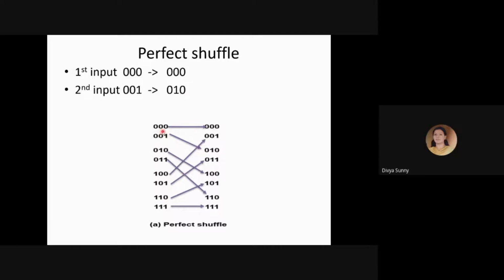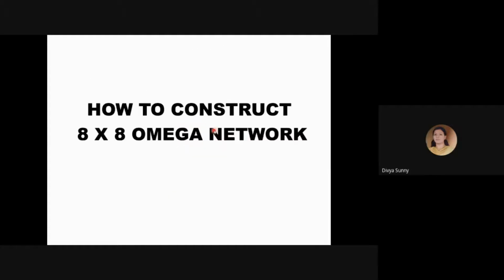So when left shifting, each input will be connected to the output with that particular bit pattern. This is how the perfect shuffle algorithm works.